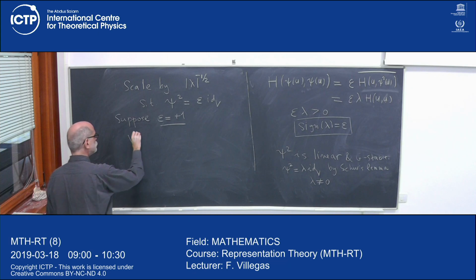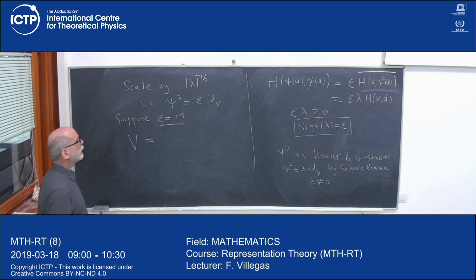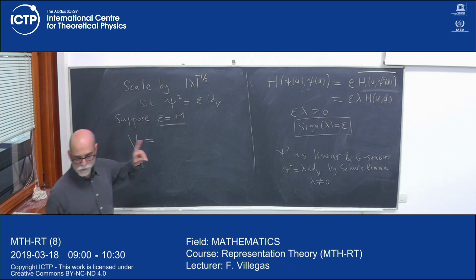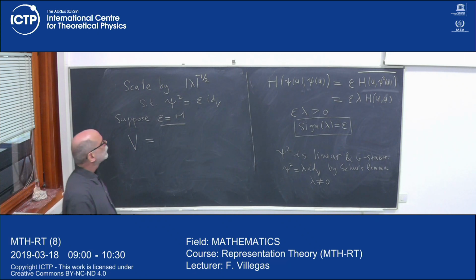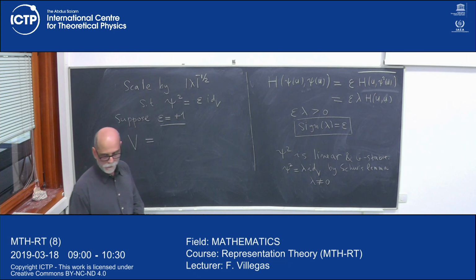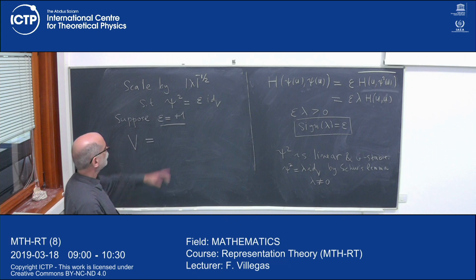Then we have this vector space V, and epsilon is 1, and we have a G-linear map psi whose square is the identity. Sorry, it's anti-linear. Yeah, anti-linear, thank you.